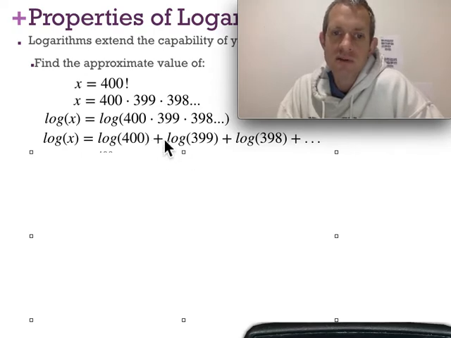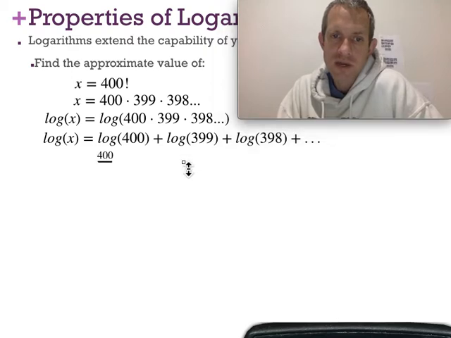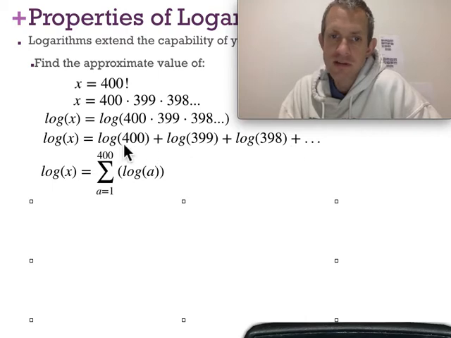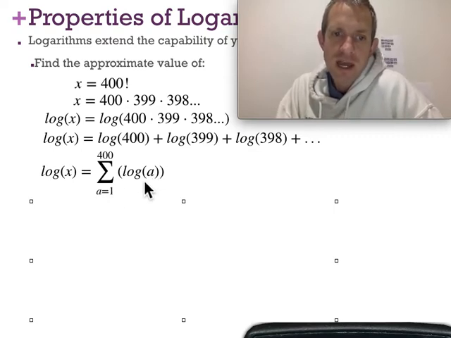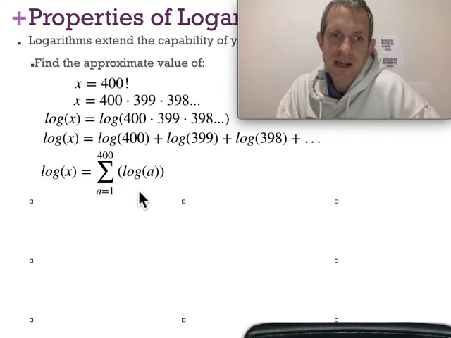And so I'm going to summarize these using summation. And so they all are log of something, right? Log of something plus log of something plus log of something. So the formula here is log of something. I just chose the letter A, and the numbers that I'm putting in here are all the numbers from 1 to 400. And so this is something that I could type into my calculator pretty easily.